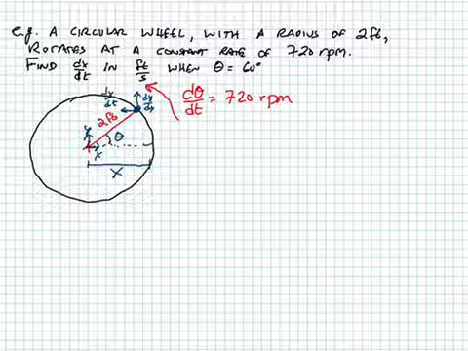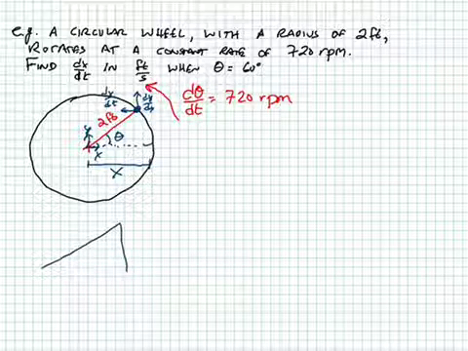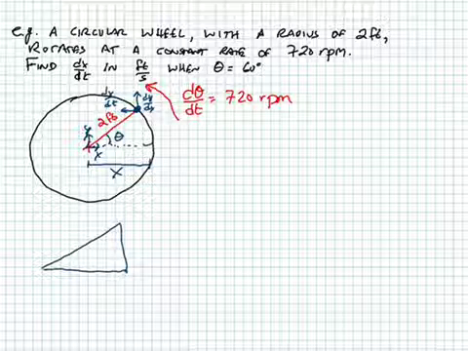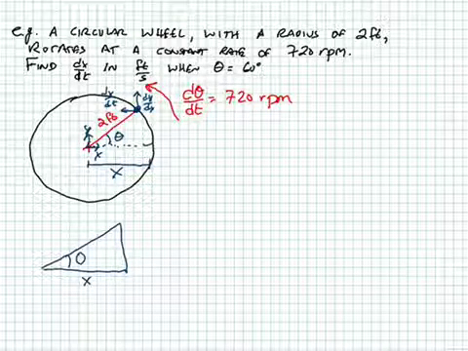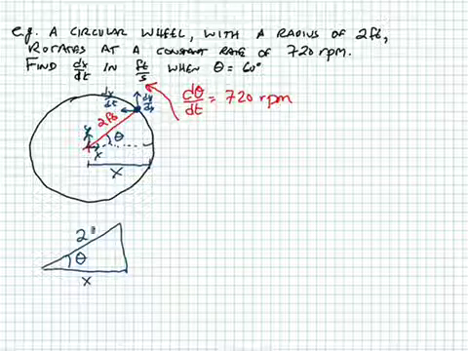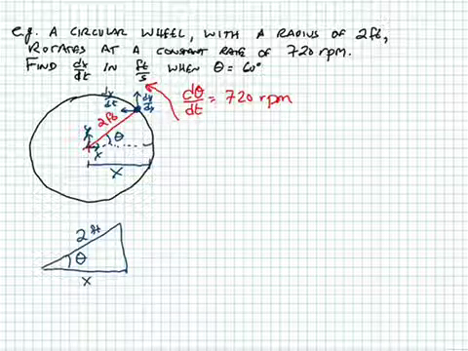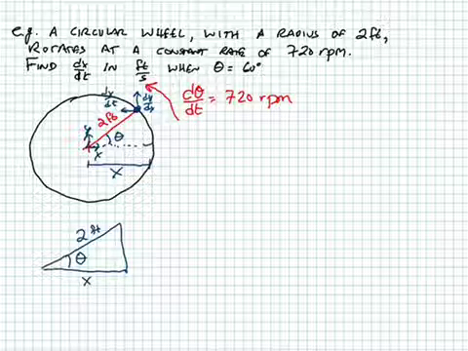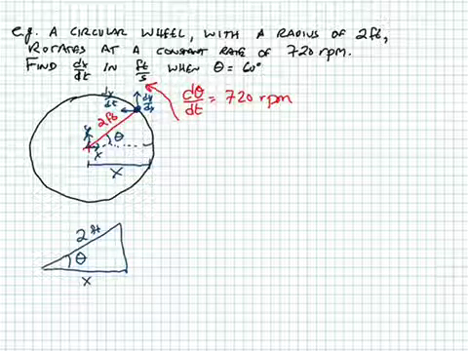If I draw my geometry, I actually have a triangle here. This side is x, and this is theta, and the hypotenuse is the radius, which is a constant 2 feet. So it's just a right triangle problem, and x is varying and theta is varying.